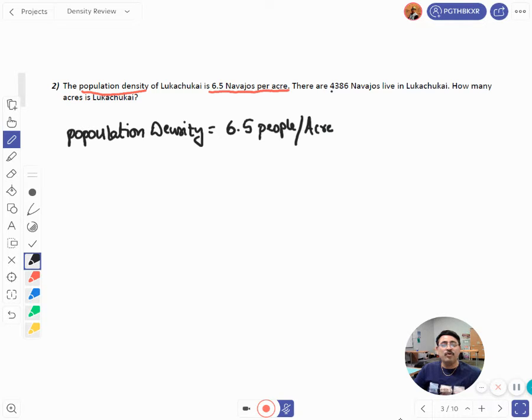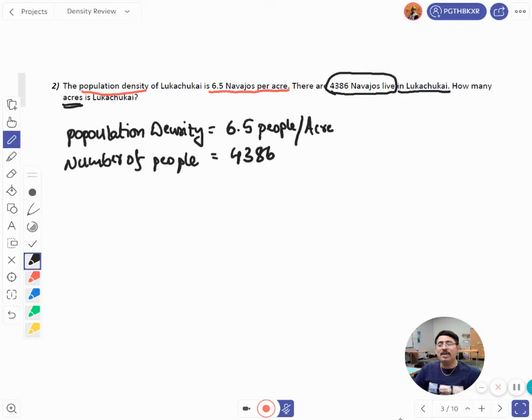There are 4,386 residents who live in Lukachukai. Therefore, the number of people equals 4,386. How many acres? So how many acres means what is the area of the land? That's the question.